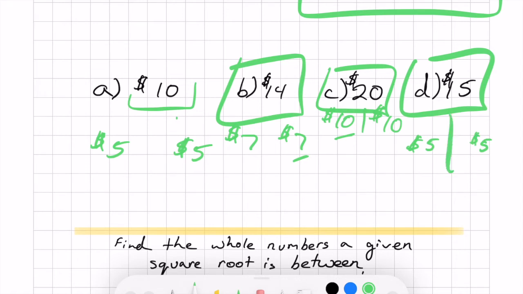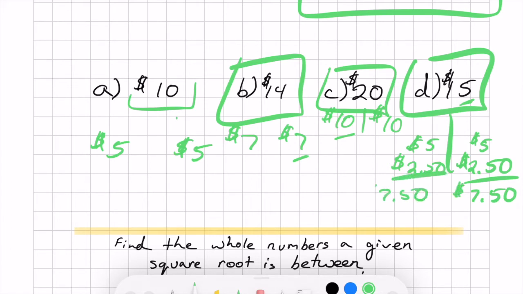Now I'm going to look at the 5, and half of 5 is going to be $2.50 and $2.50, right? And then I can add them back together. So I know that each person is going to get $7.50. Okay, so this is not a whole number because it has a decimal.